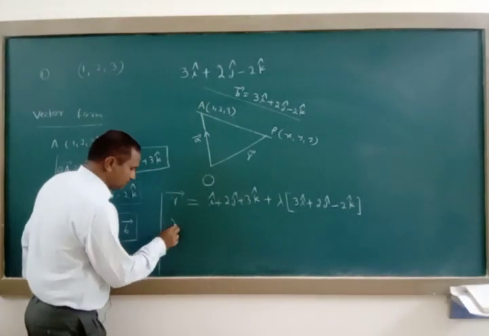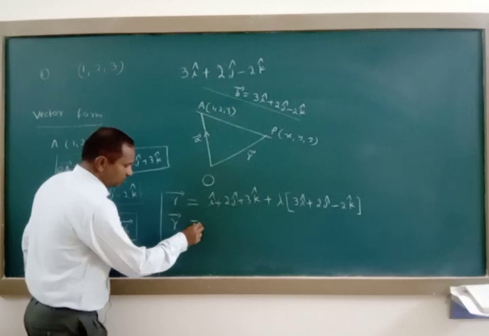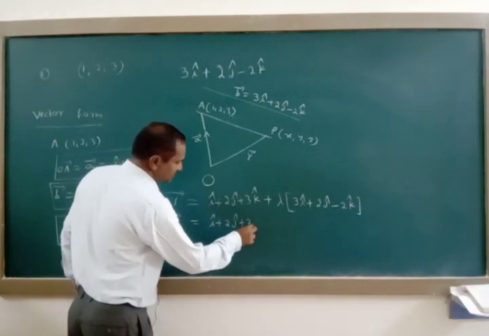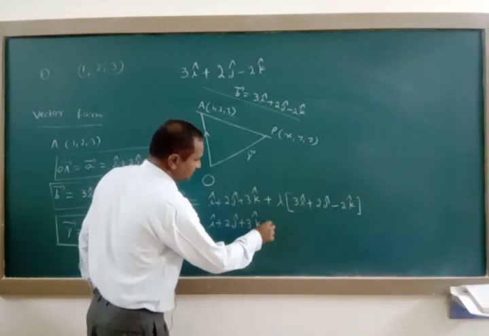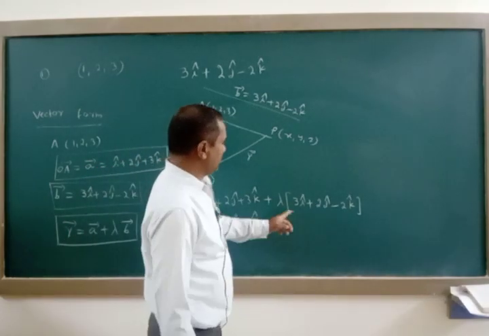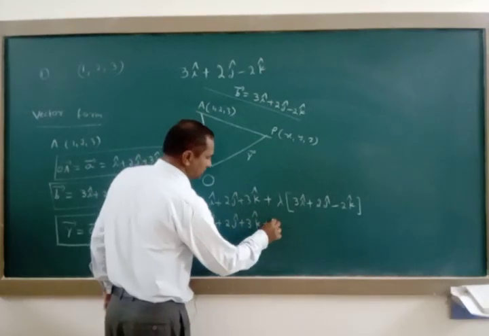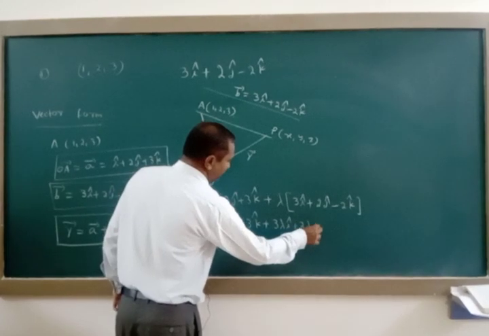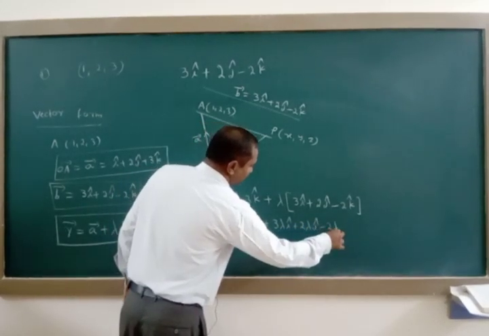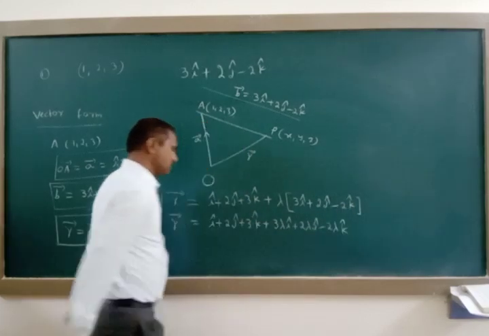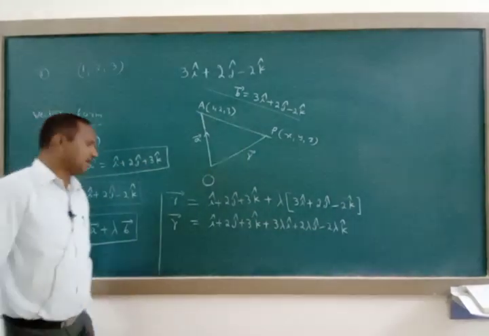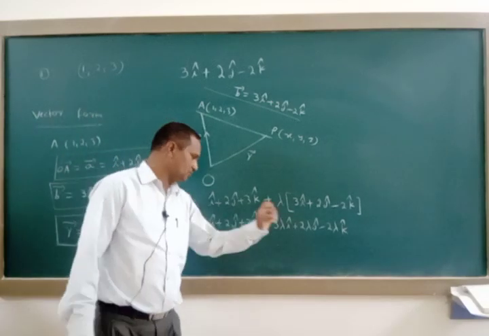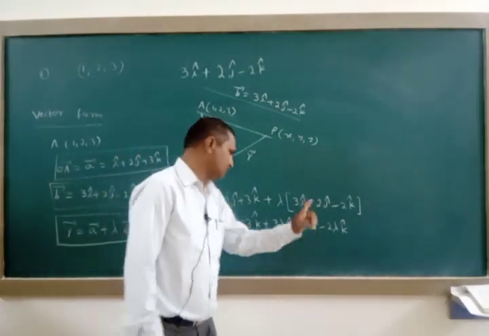Now you can write R vector equals i cap plus 2j cap plus 3k cap plus, multiplying all these by lambda, 3 lambda i cap plus 2 lambda j cap minus 2 lambda k cap. Then take i cap common for the given two terms, j cap common for these two, and k cap common for these two.